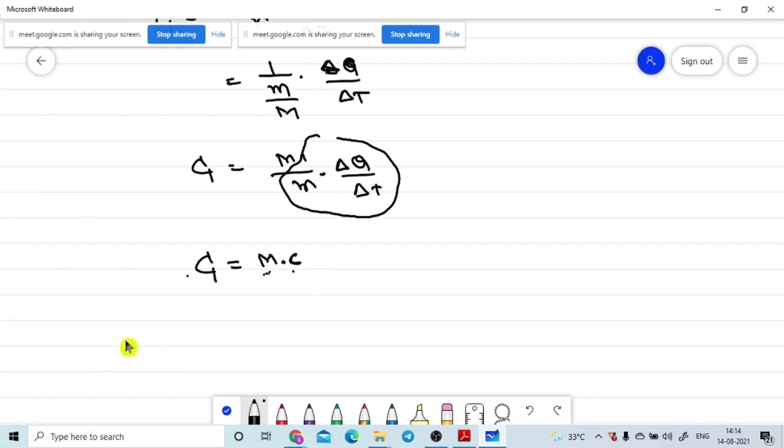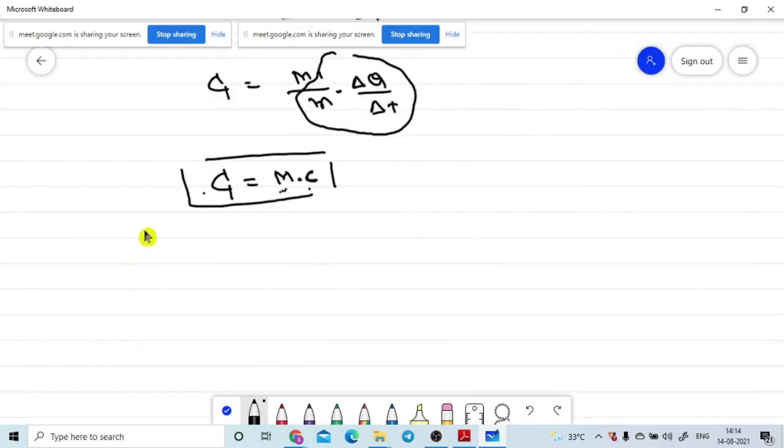So let me write. This is very important. We are going to use this one also. Let me fix it in your brain. Can I write like this?